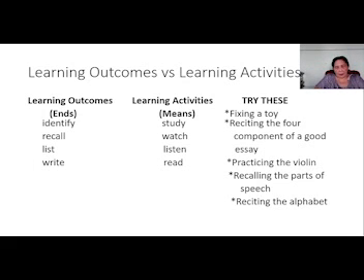Let's look at some more examples. Learning outcomes versus learning activities. The learning outcomes, as you know, are supposed to be the ends, the goal, what we intend the students to be able to acquire. The learning activities are the means to reach the ends.